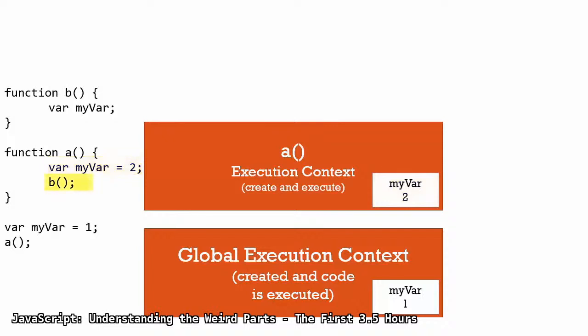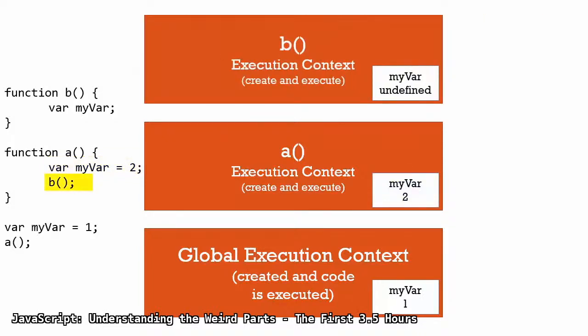Then it invokes B, and a new execution context with its own variable environment, its own memory space for its variables, is created. And since it's not set equal to a value, myVar will be put into memory with a value of, as we've learned before, undefined.